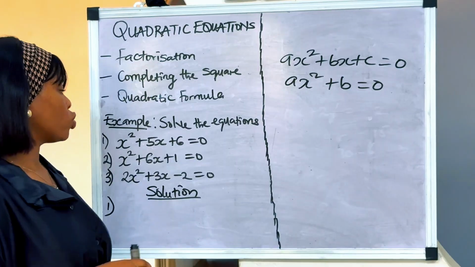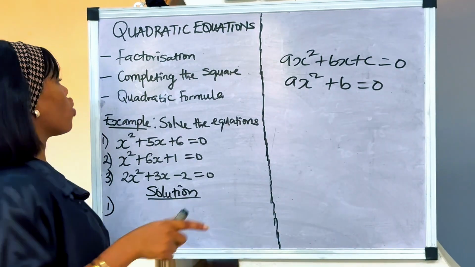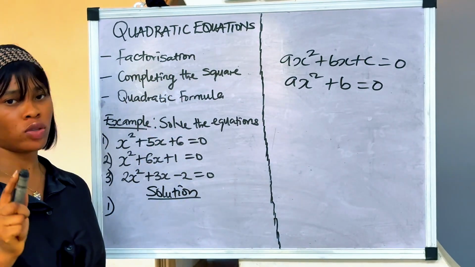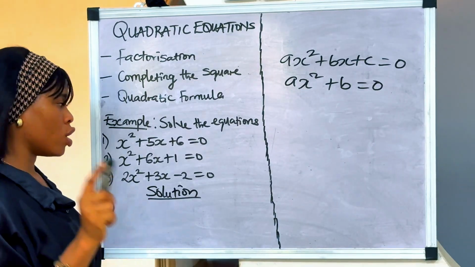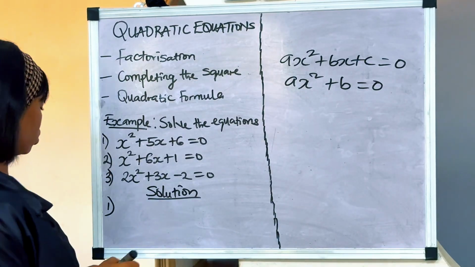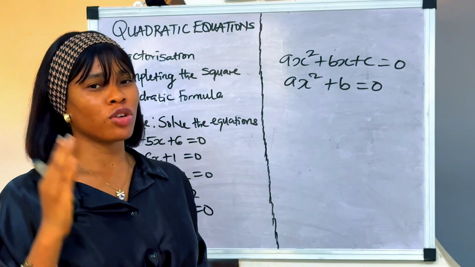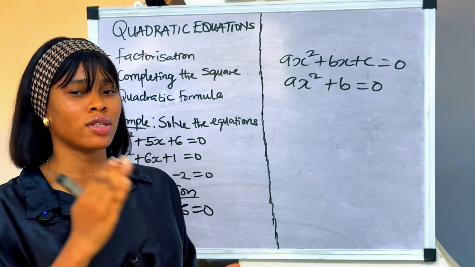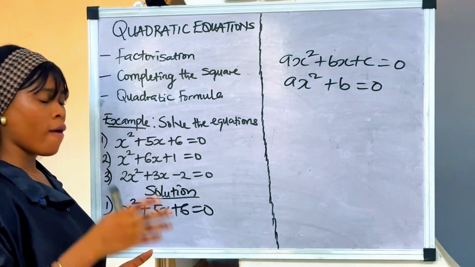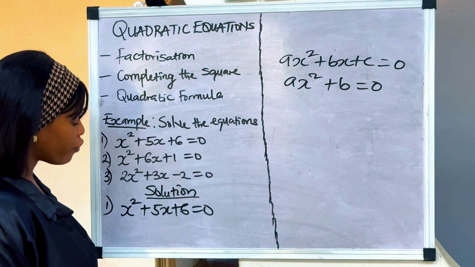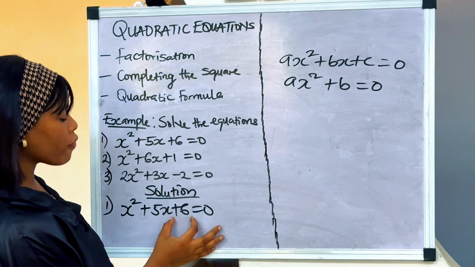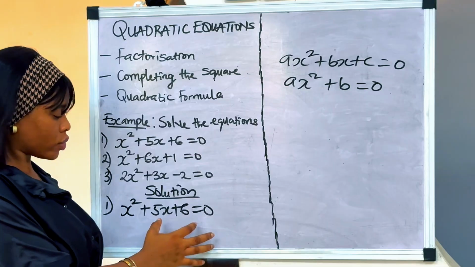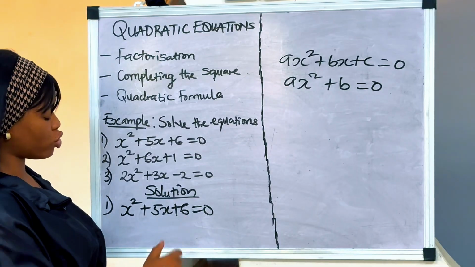Solving equation 1, we'll be making use of the factorization method. Let me show you how to use it. First, we have to look for both the positive and the negative factors of the last term. What is the last term in this equation?